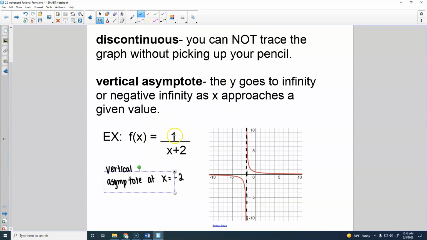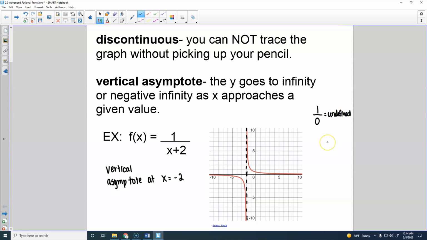How could we tell just from the equation that we would have a vertical asymptote at x equals -2? Very good. So if I plugged in -2 right here, it would give me a 0 in the denominator. And that would mean I'd have 1 over 0. And 1 over 0 is undefined.